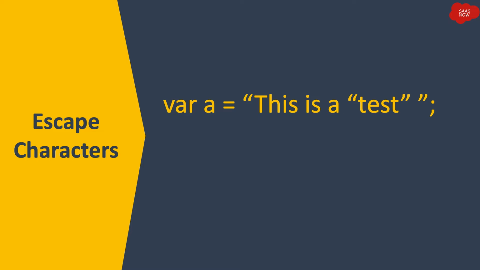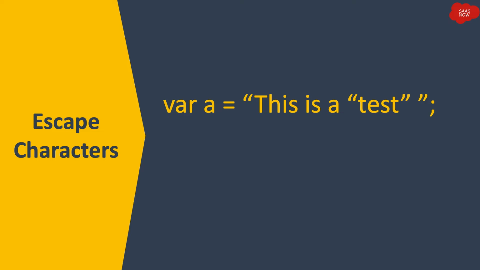Escape characters. When you work with strings, and if you need to add a special character like a single or double quote, which should be treated as a value, then you need to use an escape character. An escape character enables you to use a special character in the string and it will be interpreted as a value.